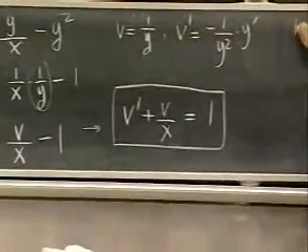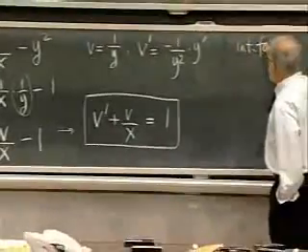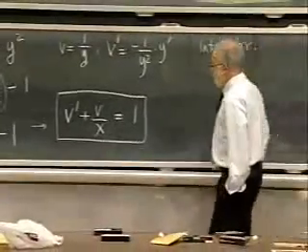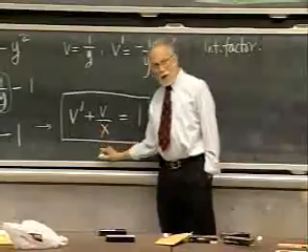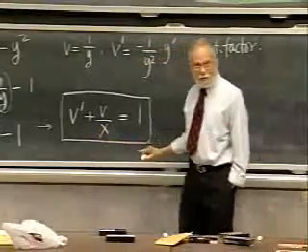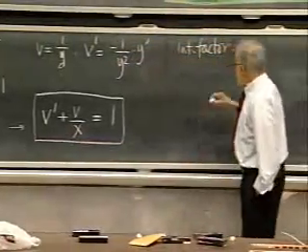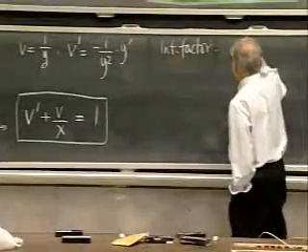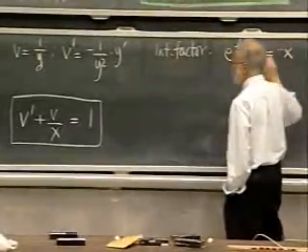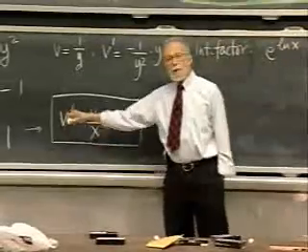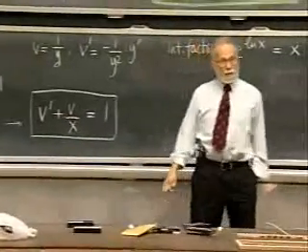The integrating factor is, well, I integrate 1 over x, that makes log x, and e to the log x is, of course, just x itself. So I should multiply this through by x to be able to integrate it.